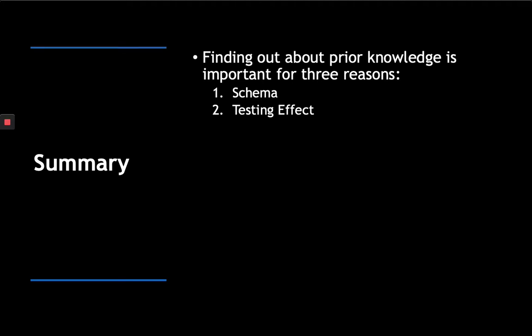This is the idea that when you retrieve knowledge from your long-term memory, the memory of it is strengthened. Retrieval has a positive impact on learning. And the third relates to the hypercorrection effect, which is when we're relatively sure about something, when we're very confident about something, and then we get that wrong. That has quite a powerful impact on our learning, more so than if we weren't really sure.